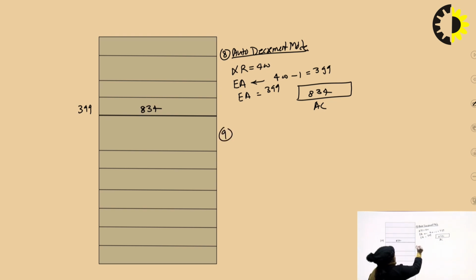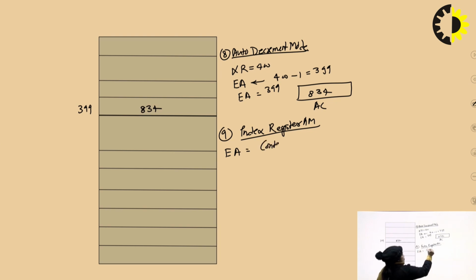Next is your index mode. In the index register addressing mode, what will happen here? The effective address you are going to calculate is the content part of the instruction plus the index register value.